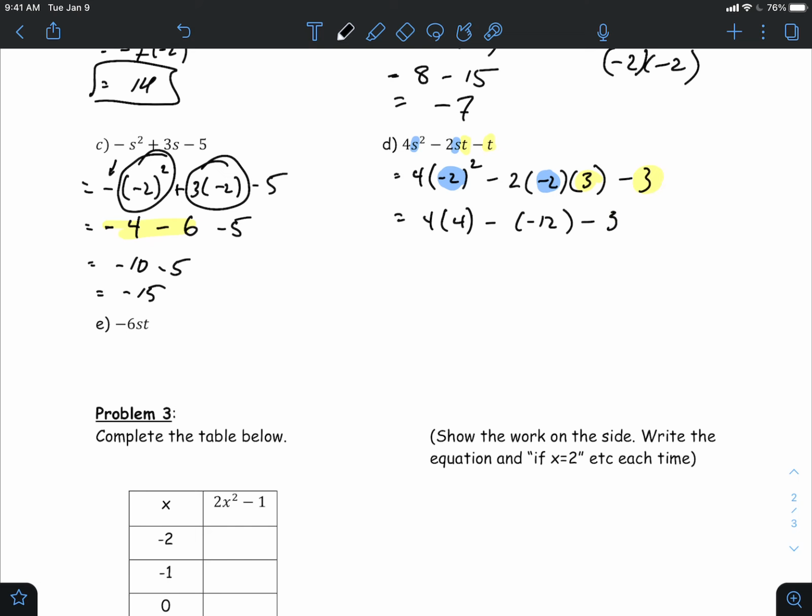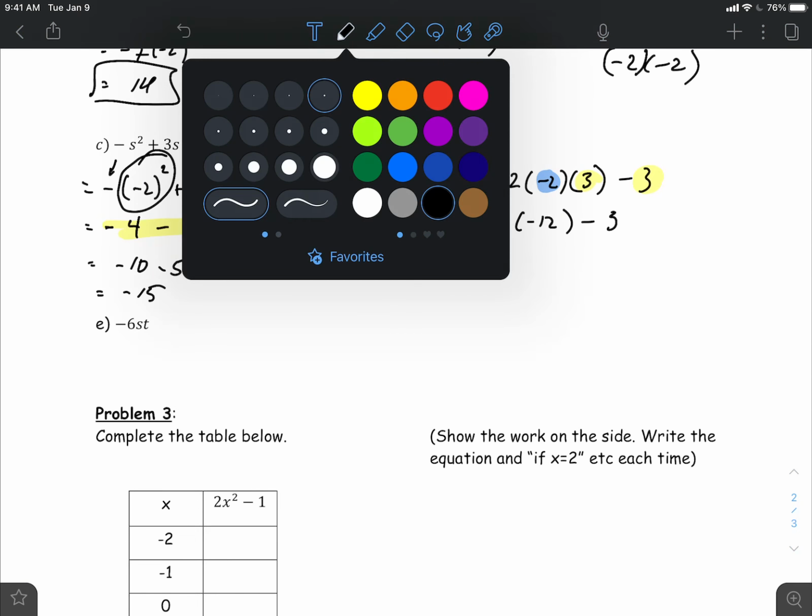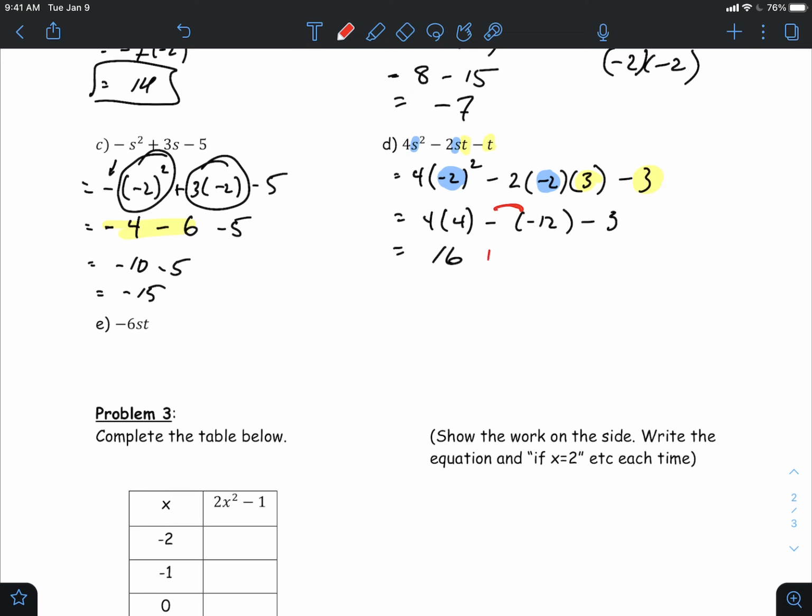Take away 3. Okay, so we're going to get 16. 2 negatives make a positive. That's good. So plus 12. Take away 3. Okay, so we can get 16 plus 9.